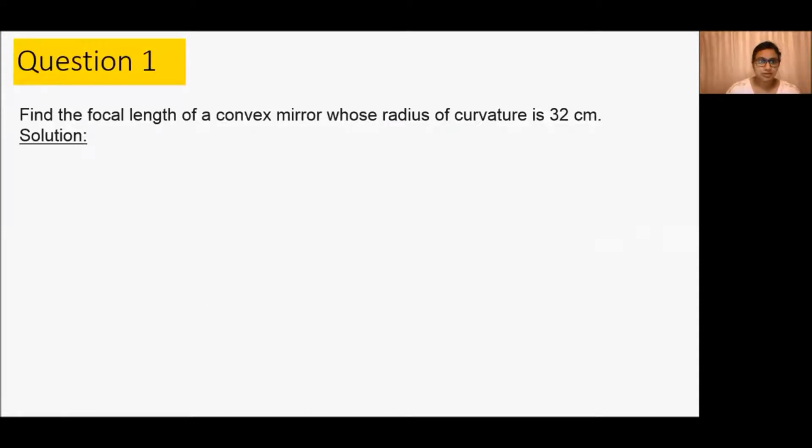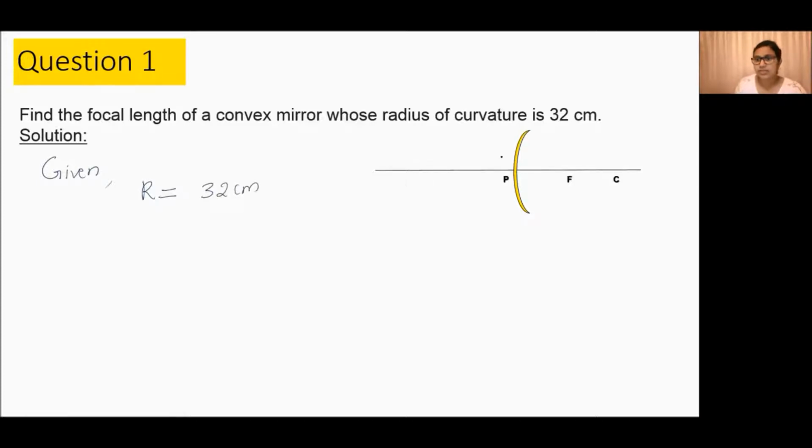So let's start solving the numericals. First question is, find the focal length of a convex mirror whose radius of curvature is 32 centimeter. So this is a convex mirror. So what is given here? Let us write. Given R is equal to 32 centimeter.